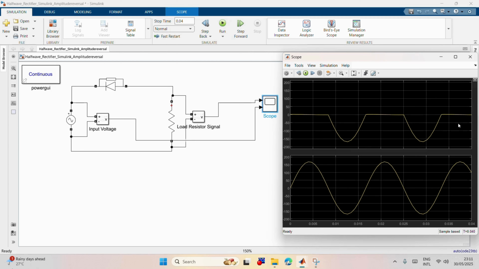As you can see, the signal flipped into the negative side.